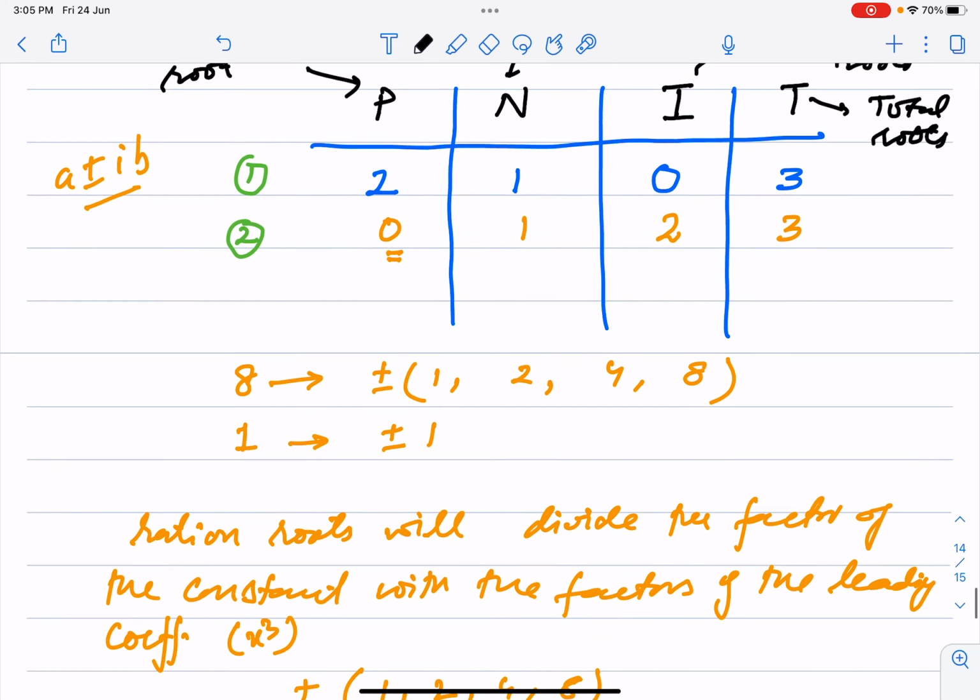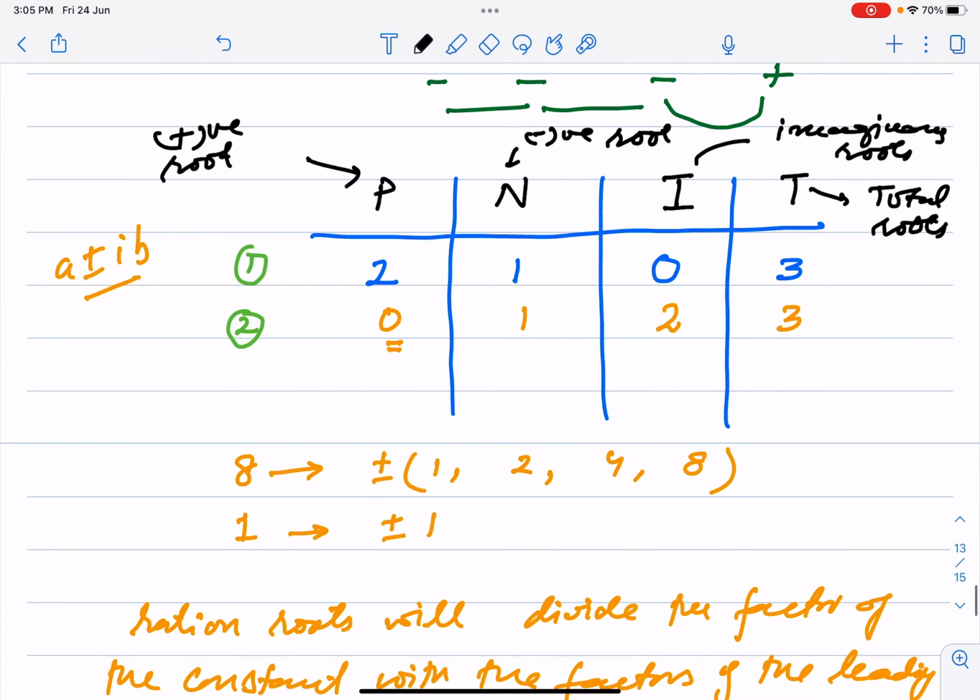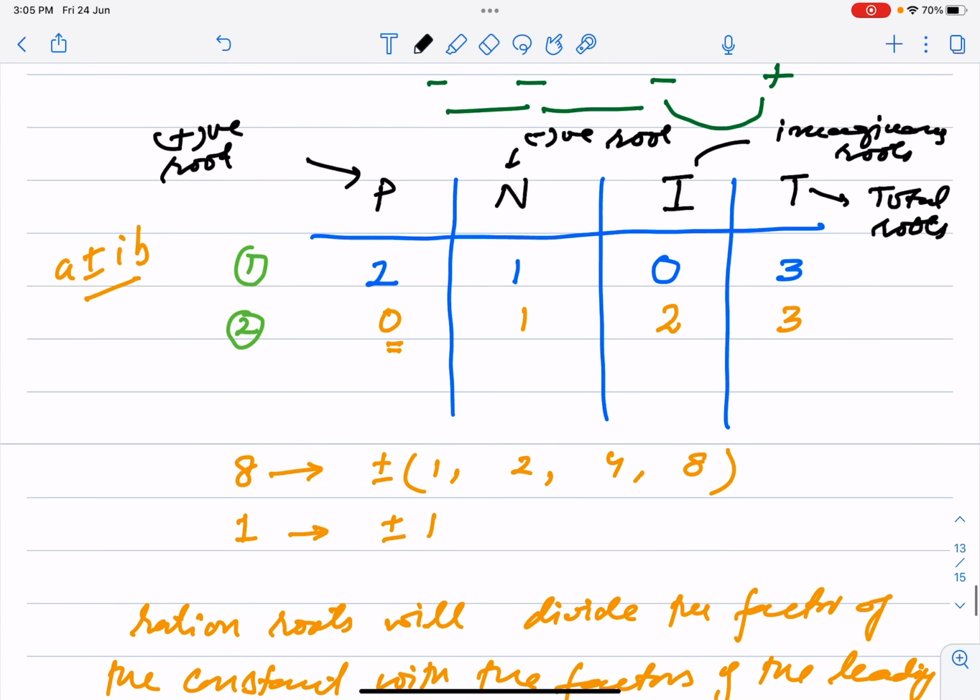That means, coming back to where we started, the Descartes rule shows that this is going to be the case. The second one is not acceptable. This is not required.